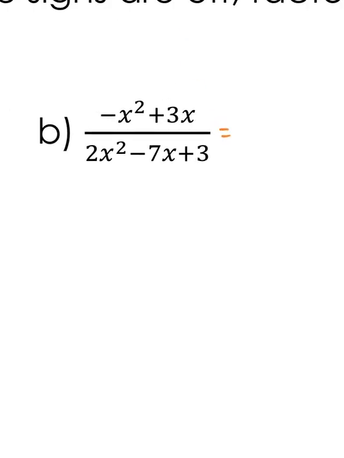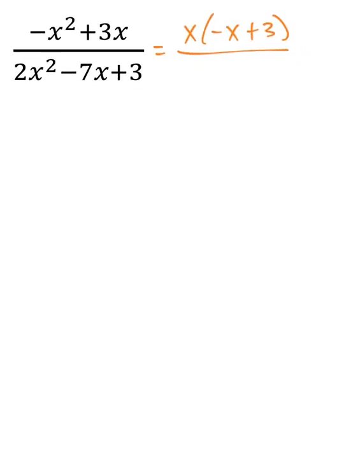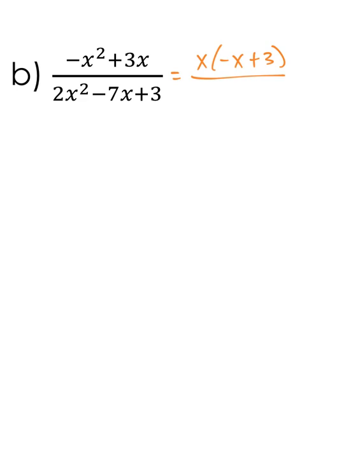All right, back here. So I'm going to take out a greatest common factor, which in this case is x. That becomes -x plus 3. And then on the bottom, when I factor this, I'm going to get 2x minus 1 and x minus 3. So again, you see we've got here -x plus 3.